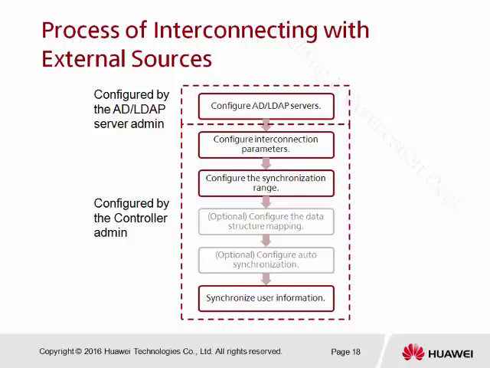Then the synchronization range. Then the follow-up has a few optional fields, like configuring the data structure mapping and the auto synchronization. And lastly, you start to synchronize the user information. You can see from the process that only the first one on top needs to be configured on the AD side. For the remaining ones, you only need to touch the Agile controller.